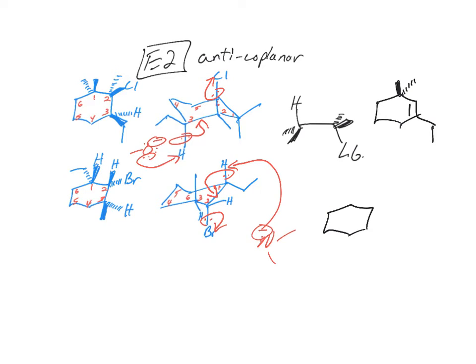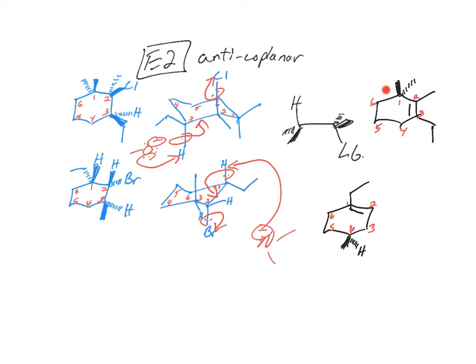Down here we'd have, let's see, and renumber everything: 1, 2, 3, 4, 5, 6. So those are the 2 products you'd make.